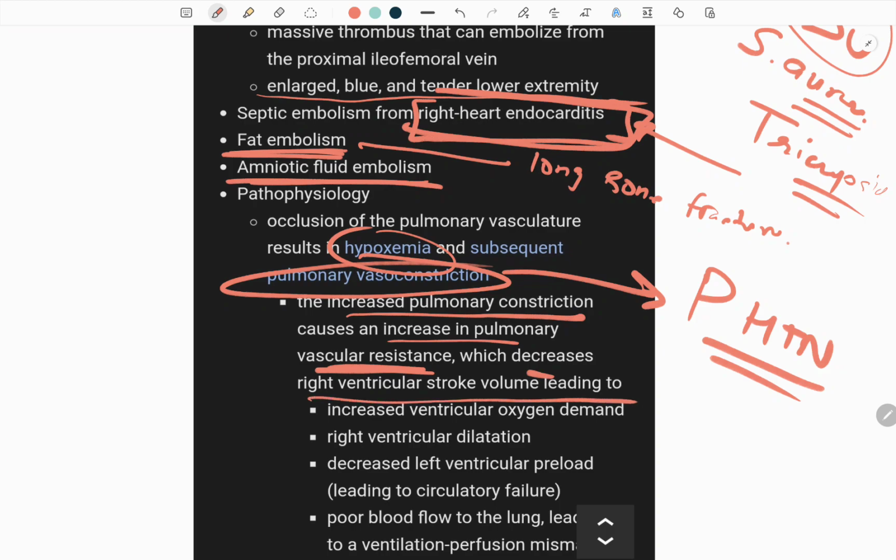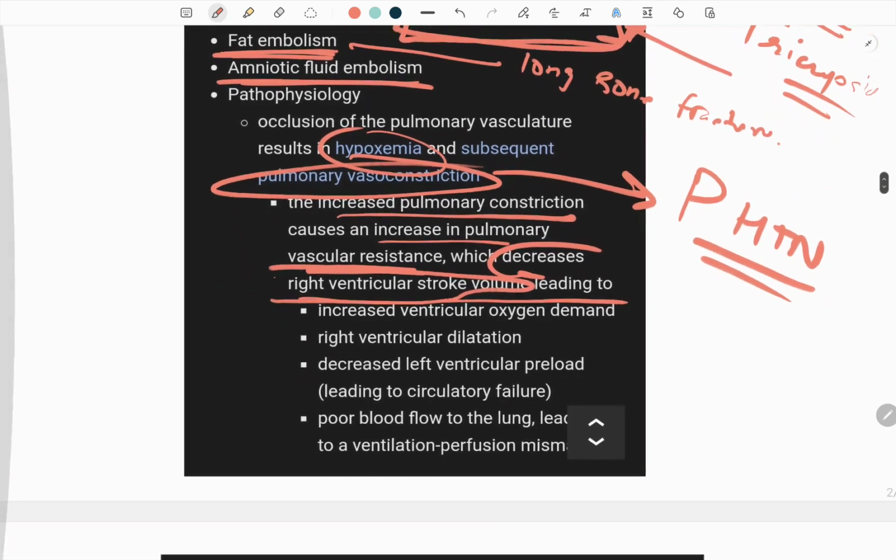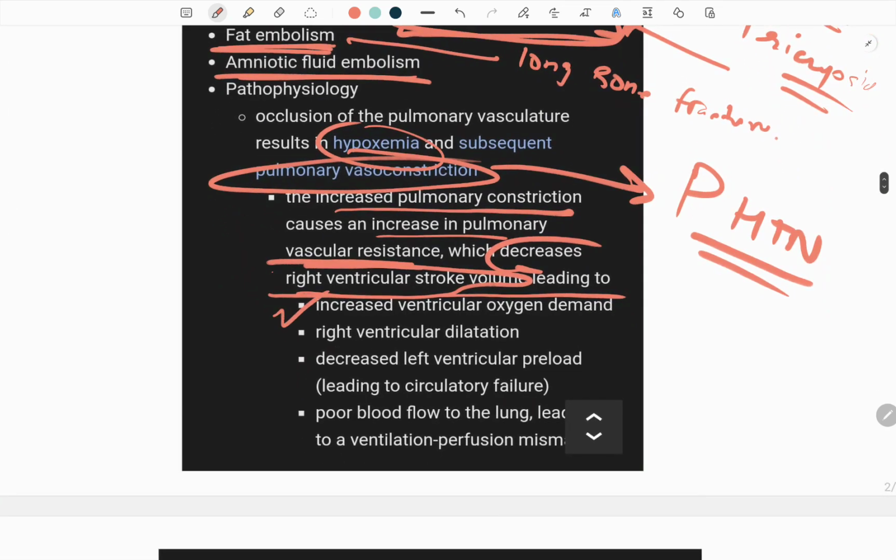The decrease in right ventricular stroke volume can lead to many things. The first one is increased right ventricular oxygen demand, right ventricular dilation, and decreased left ventricular preload, which leads to circulatory failure, poor blood flow to the lungs, which can lead to ventilation perfusion mismatch, which we call VQ mismatch.